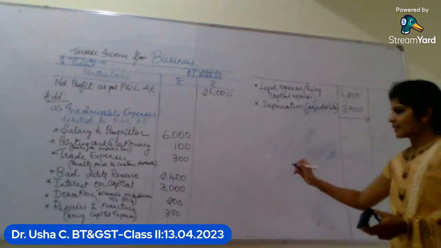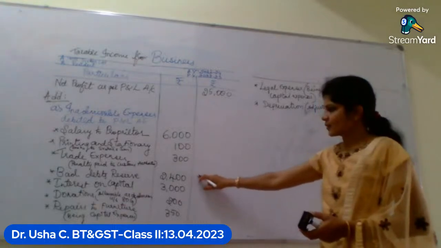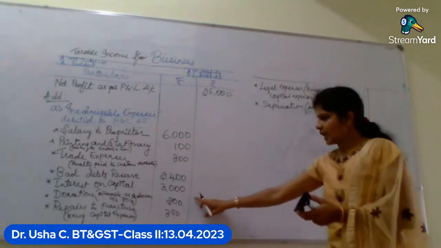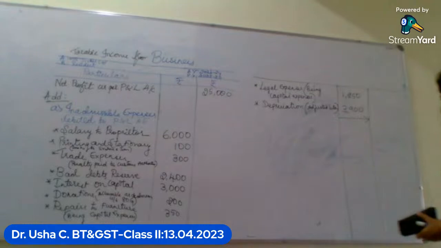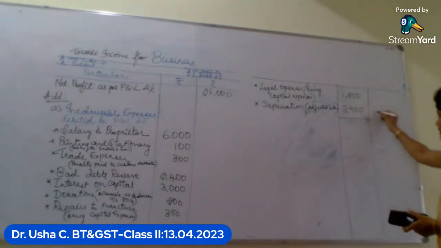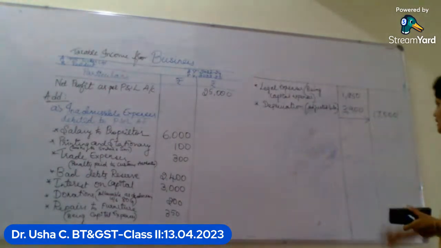Just take the total and tell me how much. 6,100, 300, 6,400, 8,800, 11,800, 12,000, 12,350, 13,000, 13,600, 16,000, 17,500. Is it correct? Yes, very good. 17,500.